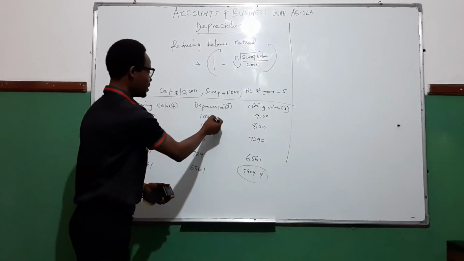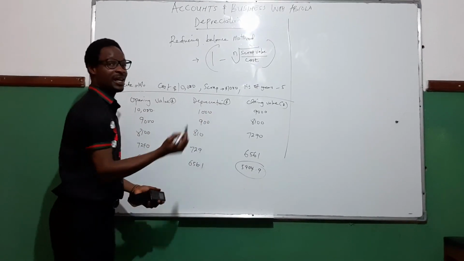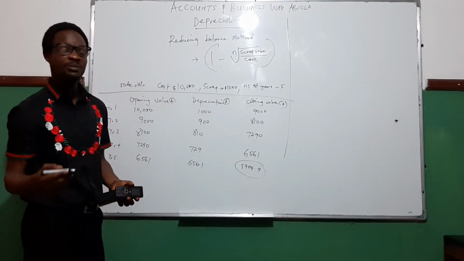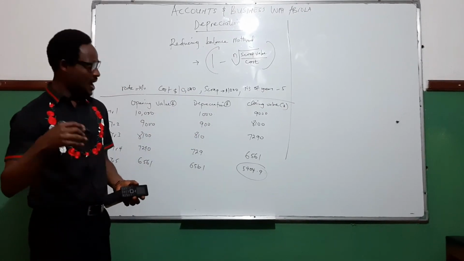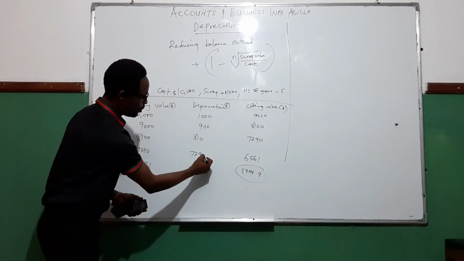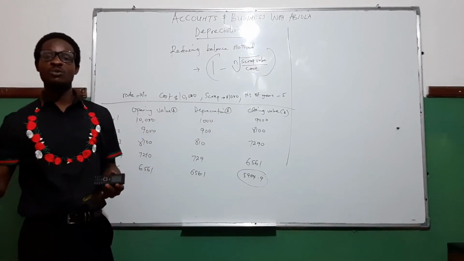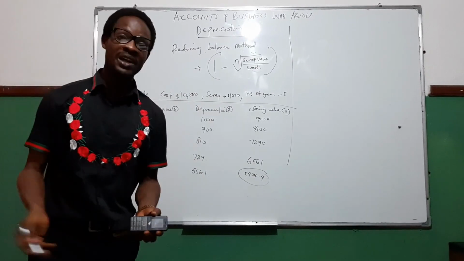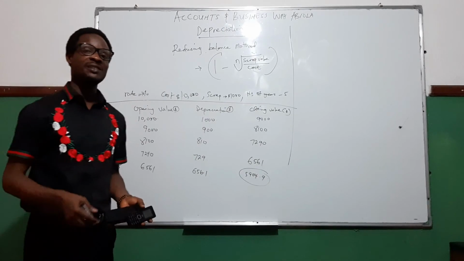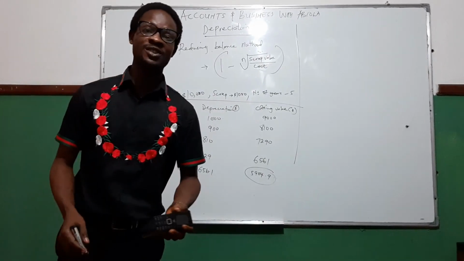Year 1 would be 1,000. Year 2 would be the addition of 900, giving 1,900. Year 3 accumulated depreciation would be 1,900 added to 810. In year 4 and year 5, we add the respective depreciation in the same way. That is how to prepare it using the reducing balance method of depreciation.